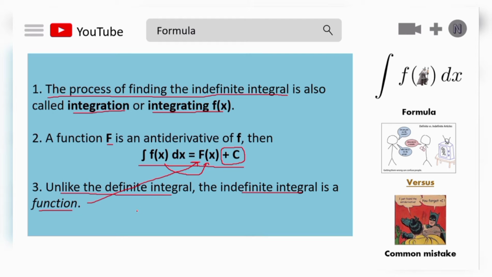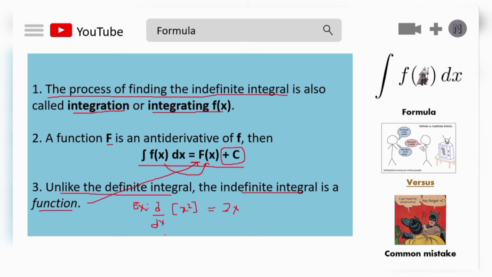Let me give an example here, sorry for my bad writing. d over dx of x squared: when we differentiate this, we get 2x, right?